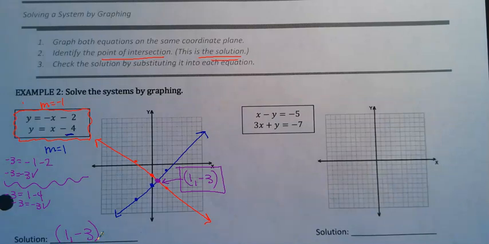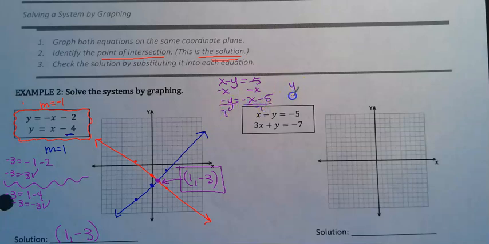The second one is going to require more work. It's not in slope-intercept form. It's not easy to graph. So we have to do the work from last chapter to put it in slope-intercept form. We've got x minus y equals -5. Subtract x. Then we have -y equals -x minus 5. Divide by -1.